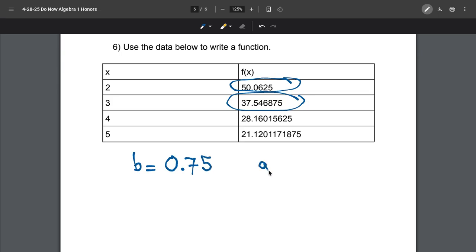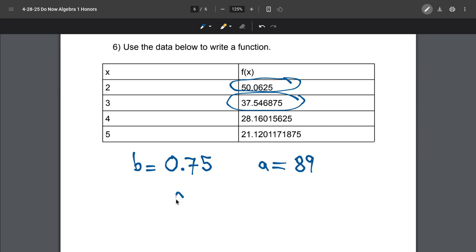And to figure out our initial amount A, we're going to have to start with the 50.0625 and we'll divide by 0.75 twice. And that's going to give us 89 for our initial amount.